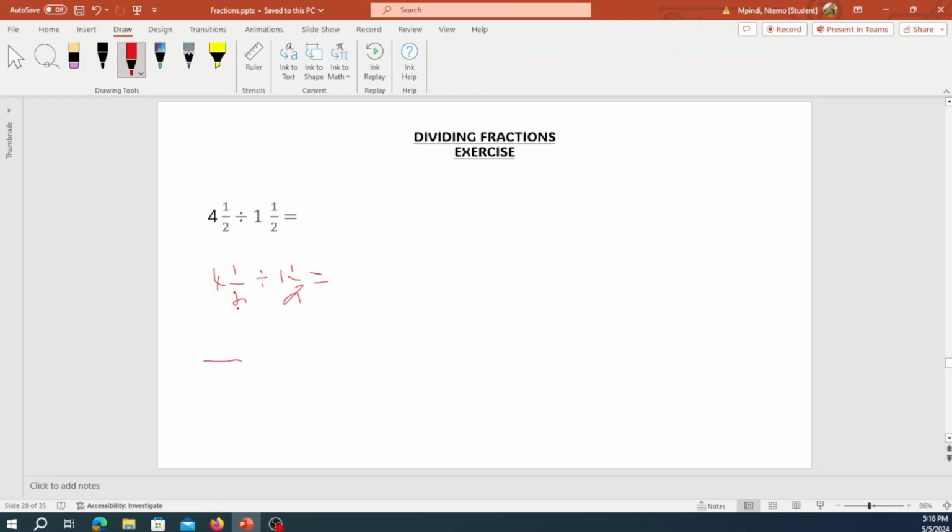You see, this is 2 right here. You see this 4. This 4 times this 2 plus this 1 equal 2.